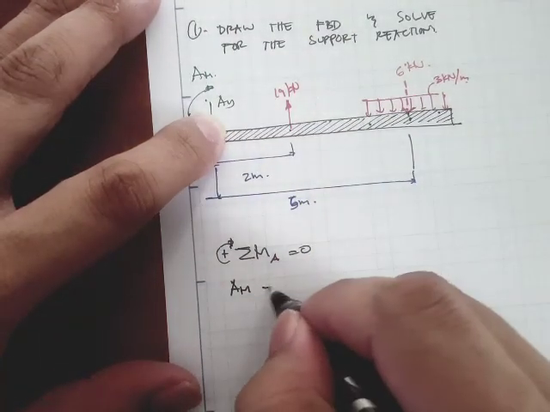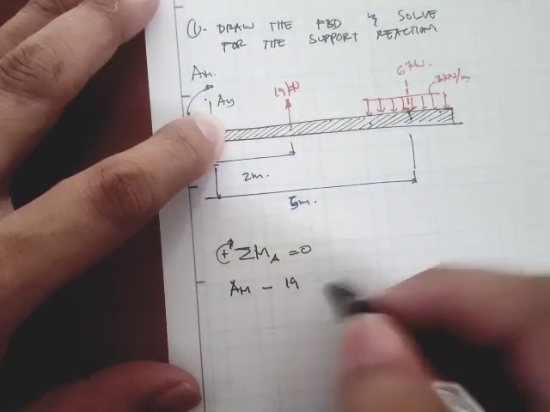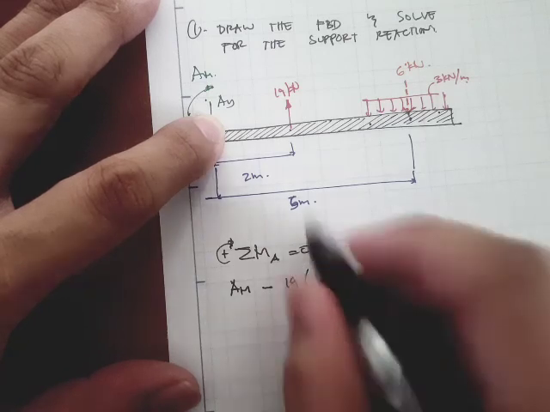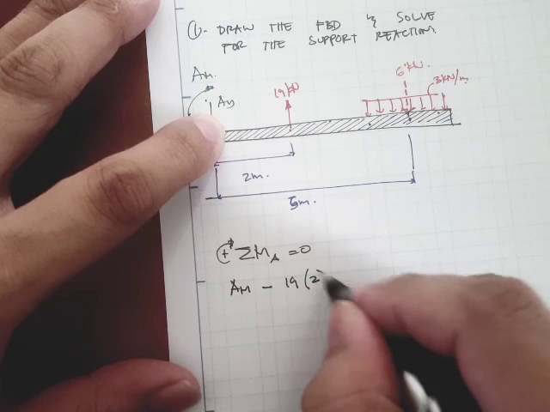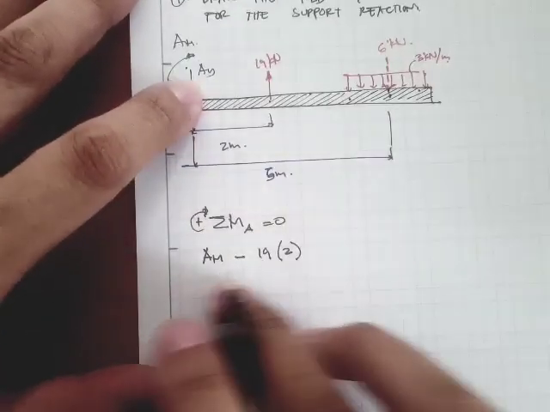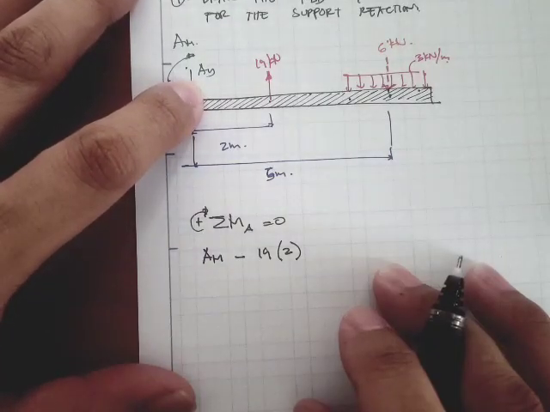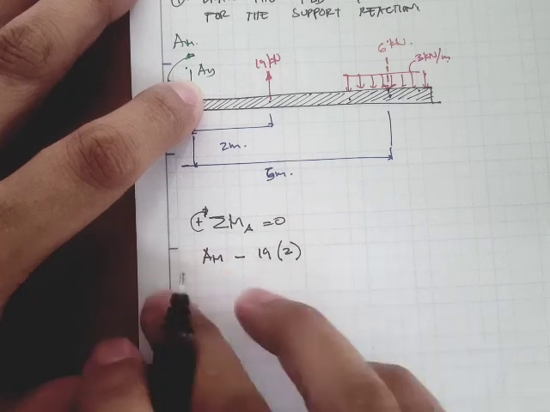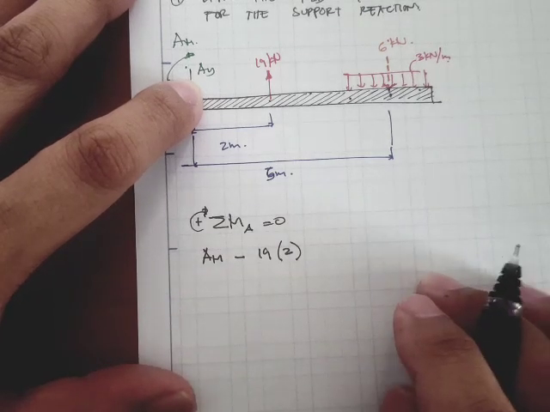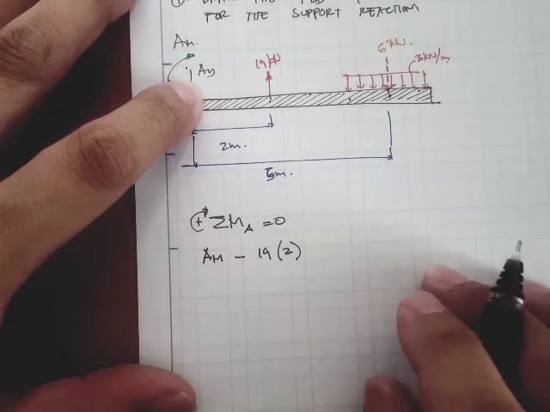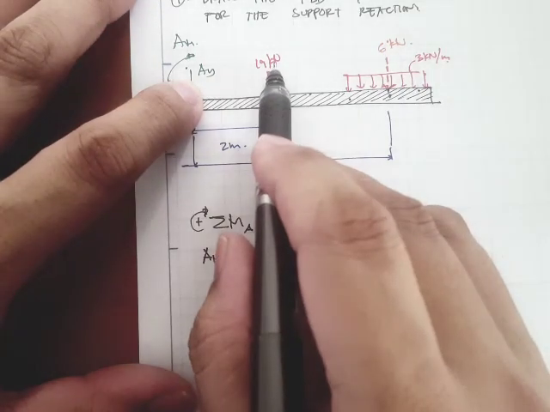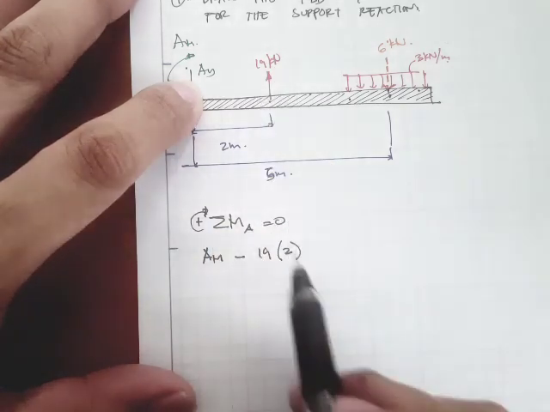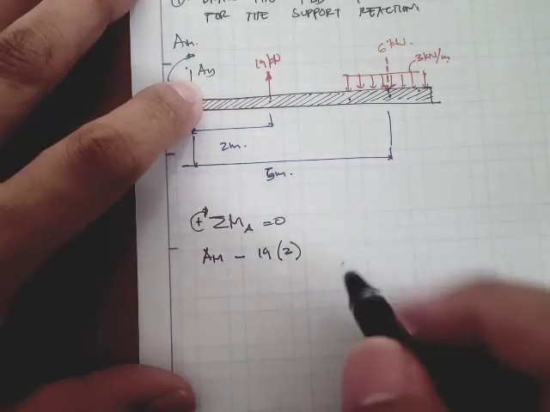So that's going to be negative, minus 19 kilonewtons times the moment arm of 2 meters. So 19 times 2. Sometimes I don't write the units just because I want to remember that all the forces are in kilonewtons and all the distances are in meters.